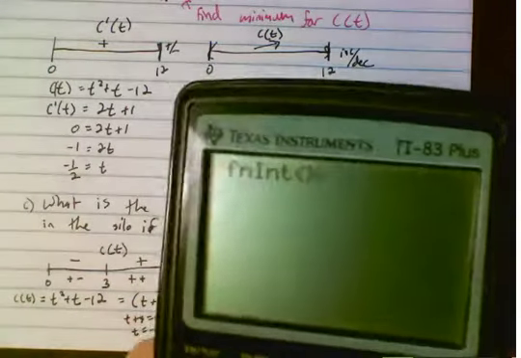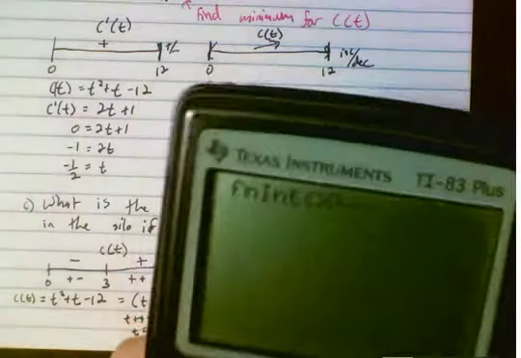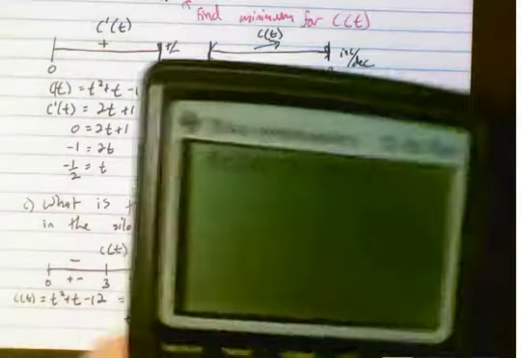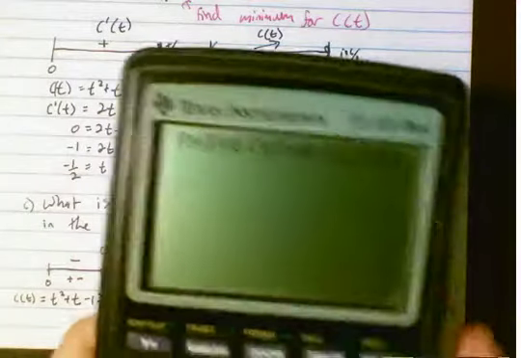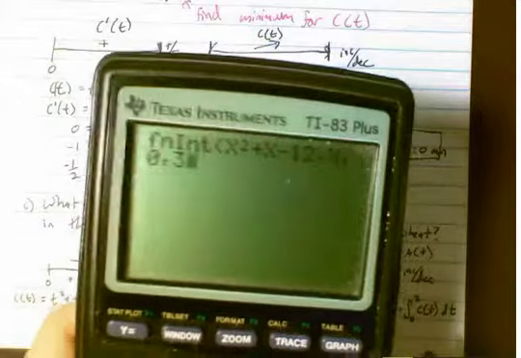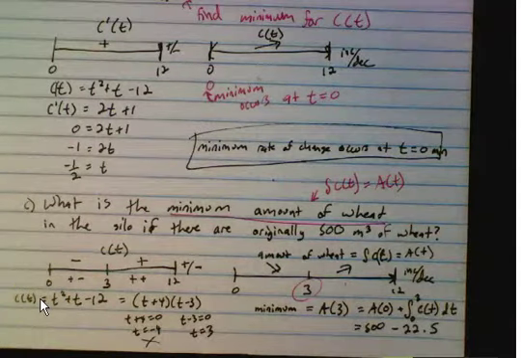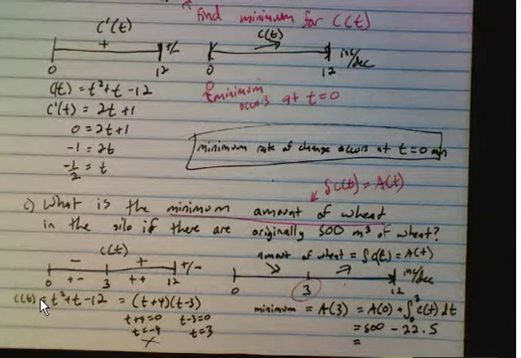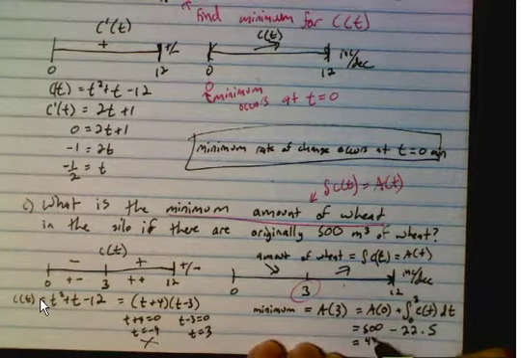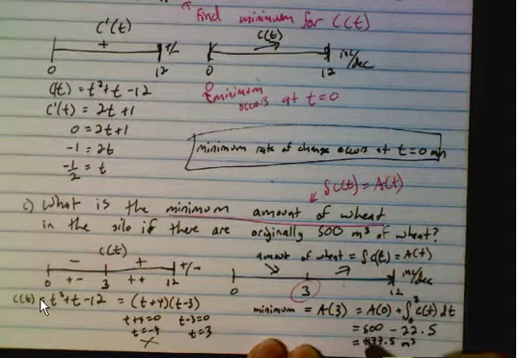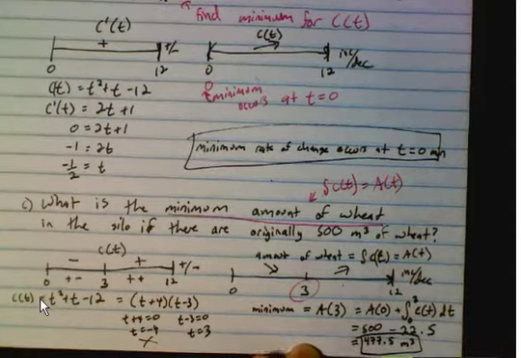So variable squared plus variable minus 12, comma, variable, comma, 0, comma, 3. Minus 22.5. So this is going to give us, the minimum amount is 477.5 cubic meters.